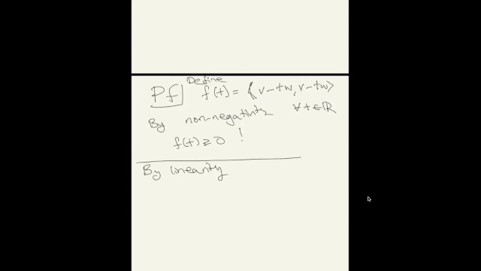By linearity, another way of computing f of t is the inner product of v minus t w with itself. You FOIL the product. So the inner product of v with itself, then there was a cross term where you have to use symmetry: minus 2 times the inner product of v with w times t, plus t squared times the inner product of w with w.